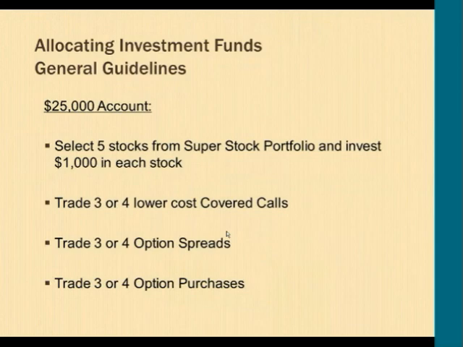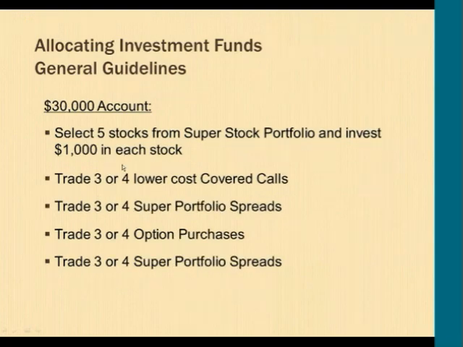With a $25,000 account, you could trade these 4 different portfolios, and in a $30,000 account, you could trade all 5 of these portfolios. These are just suggested guidelines. Each member has a different risk tolerance and a different account size, so these are general guidelines of the various portfolios you could trade based on the amount of cash in your account.